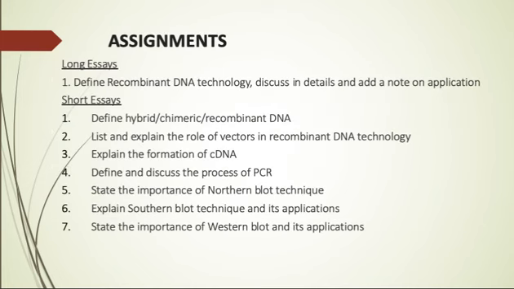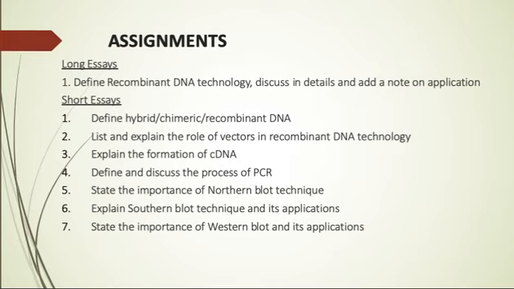In this assignment, you have a long note and short essays. One long note that can come here is: define recombinant DNA technology, discuss in detail and add a note on applications. Then the short essays: define hybrid, chimeric or recombinant DNA, and list and explain the role of vectors in recombinant DNA technology.